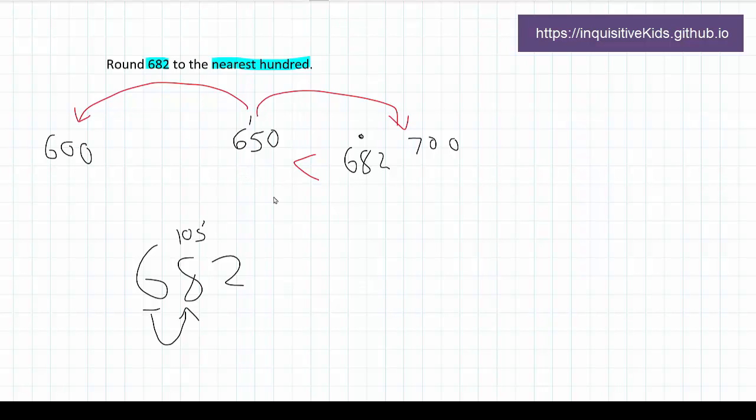Well, if the digit in the next place value is 5 or greater than 5, we round up. If the digit in the next place value is less than 5, we round down.